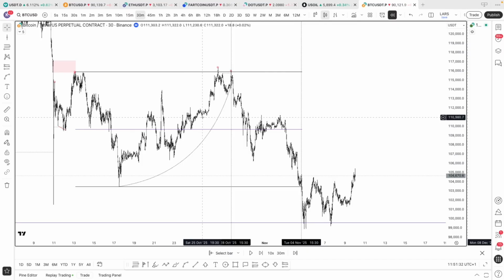Now, as Bitcoin is moving up into our range high category right there, and as Bitcoin is moving up into the third tap of our distribution, we now have a prolonged move towards the upside, approaching premium, being located at range highs, which is, from the foundation rule perspective, favorable for shorts.